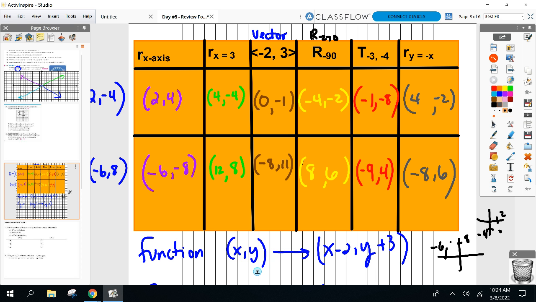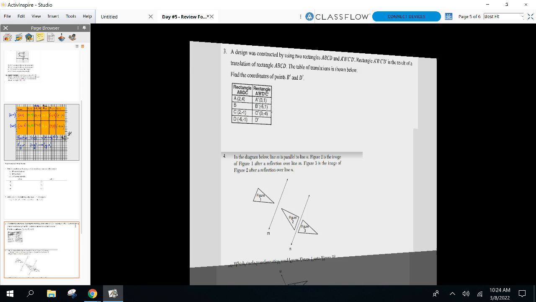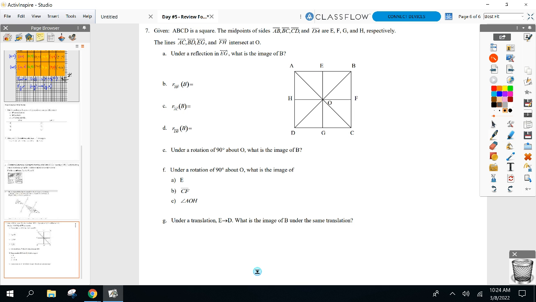We're going to do one of them right now, and I don't know what number it is, so I'm not even going to guess. There it is, 7. Let's go to number 7.